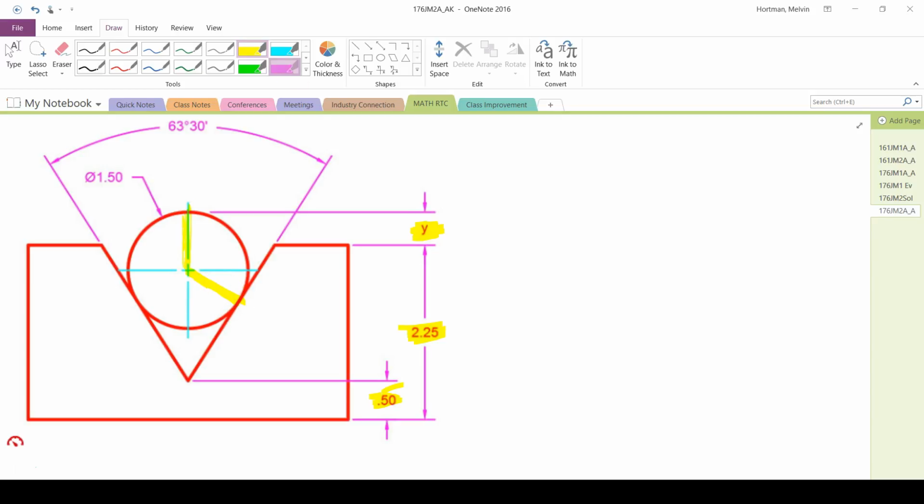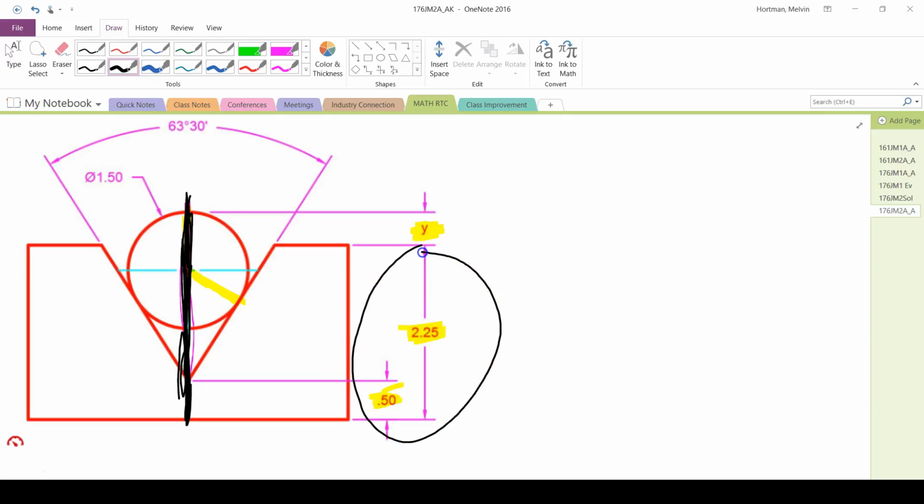And we can see that if only we could calculate this distance right here, if only we could calculate this distance right here, we could subtract all of this to get y.